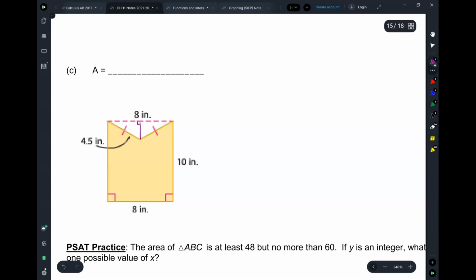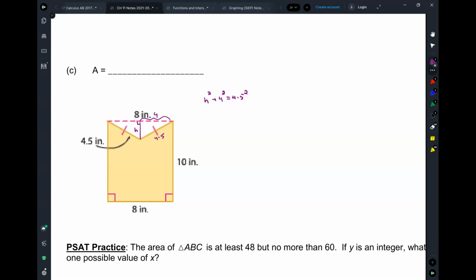So this is 4. This is 4.5. How am I going to find h? Pythagorean theorem works fabulously well. So h squared plus 4 squared is 4.5 squared. Okay.